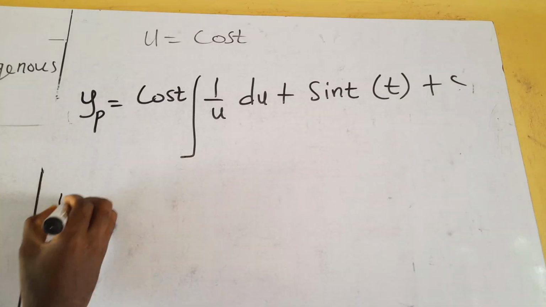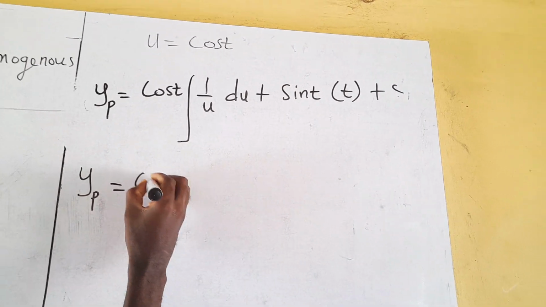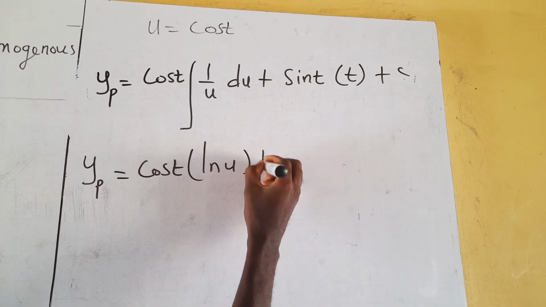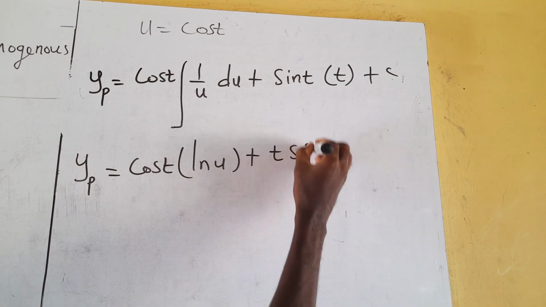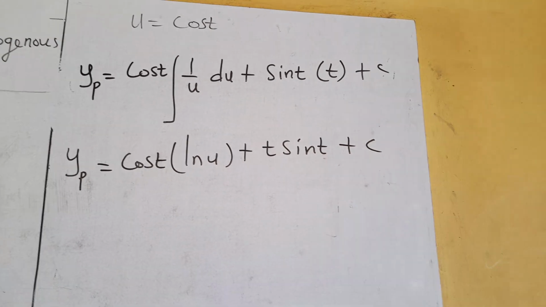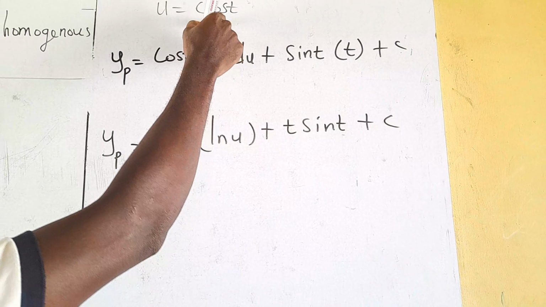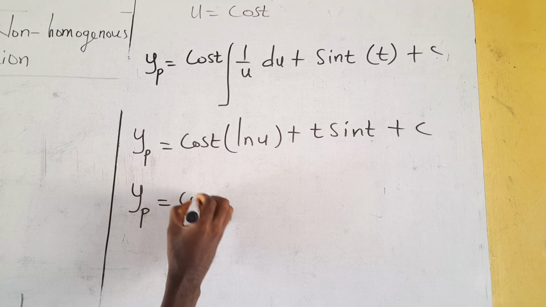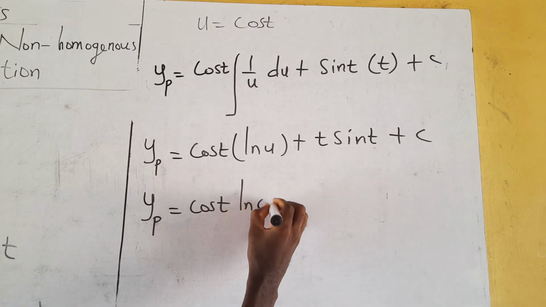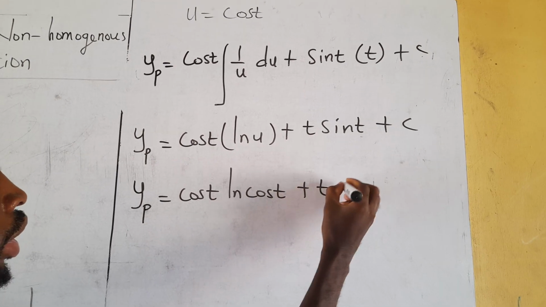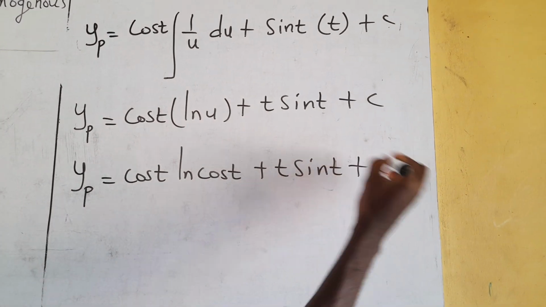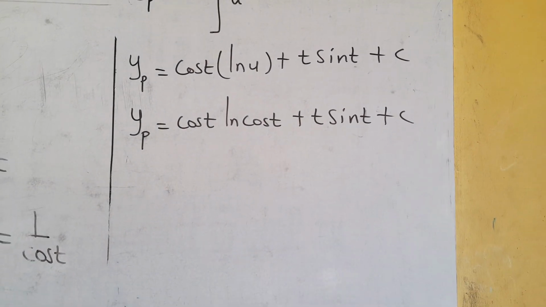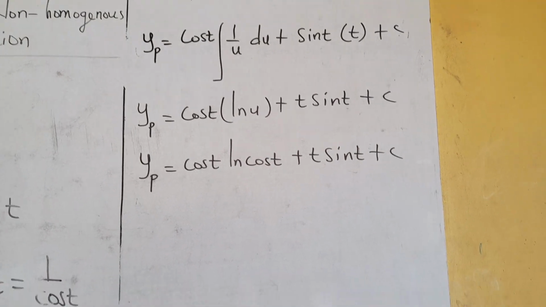So we can solve this further. That's y of p will be equal to cos t. When we integrate 1 over u, remember it to be ln u, then plus this will be t sin t, then plus our constant. Remember our u is cos t. We said u should be equal to cos t, so we replace it back. We have y of p is equal to cos t ln cos t plus t sin t, then plus our constant. That becomes our solution to the non-homogeneous side using the variation of parameters.